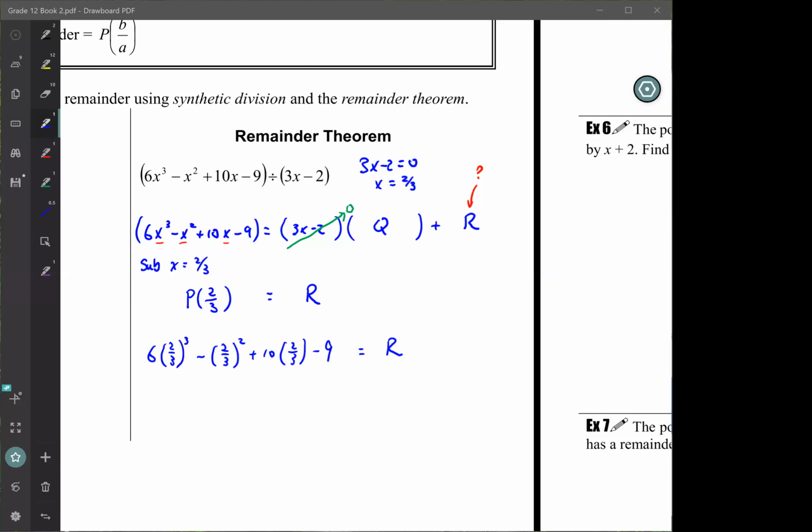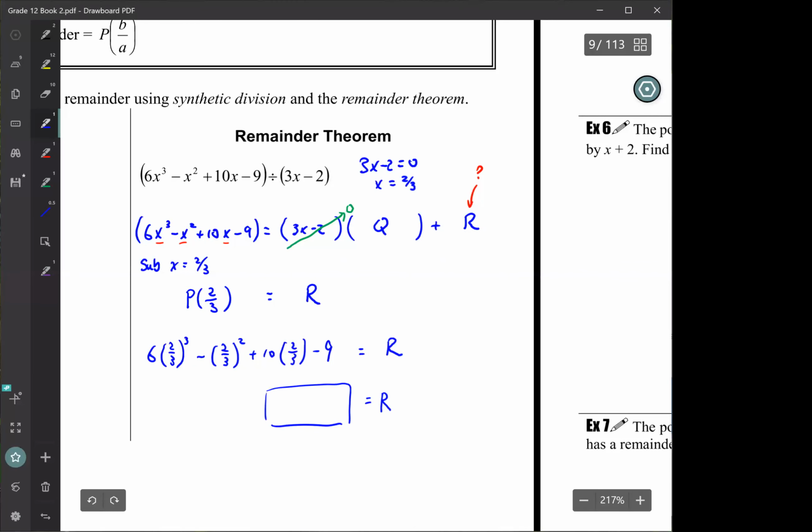And whatever you get on the left side, that should be the remainder, okay? So please raise your hand if you have found it on your calculator. Type everything in, okay, on the left side.